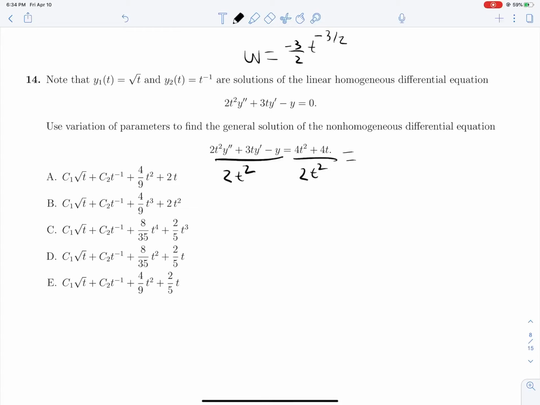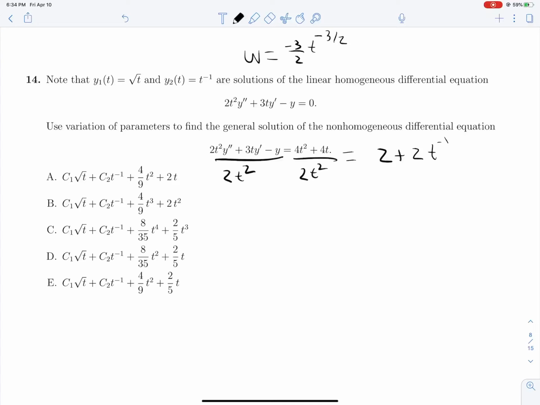So now everything is equal to 2 plus 2t to the -1. And so that is our f of t term that we are going to be using in our equation in just a second. And actually, we are ready to solve.